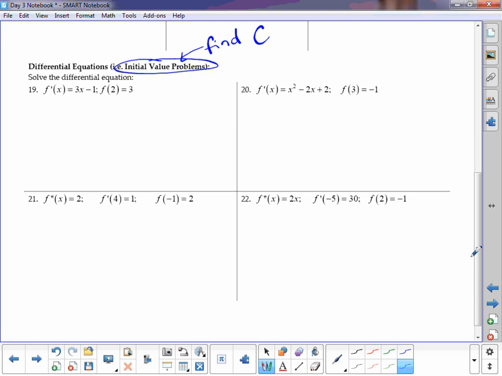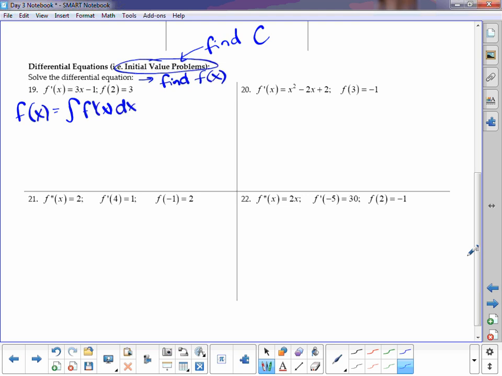Alright, so when it says solve the differential equation, what it means is find what your original function f of x is. So here for 19, they give us our first derivative is 3x minus 1. Well, f of x is just simply the antiderivative of my derivative. Or if you would, the integral of my derivative. Remember, integrals and derivatives are inverse operations that cancel each other out.